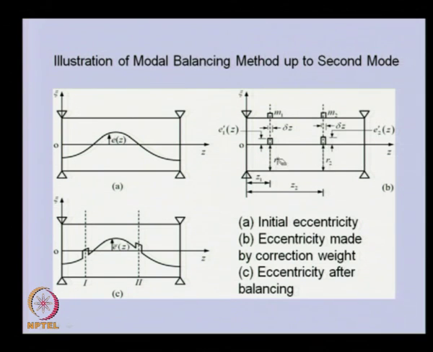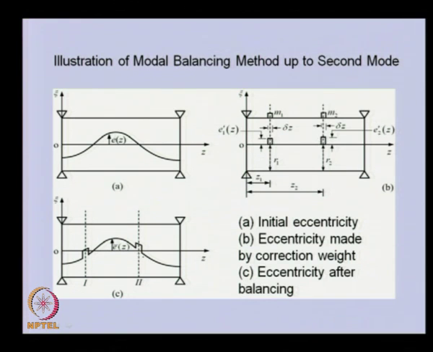Generally it will be uniform, but even if they are not uniform, we can choose different radii, no problem. This mass will have some finite length. These are basically the eccentricities corresponding to these masses. We'll see how we can get this eccentricity in the subsequent slide.